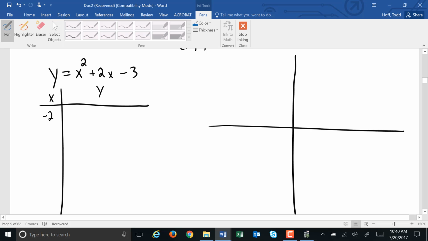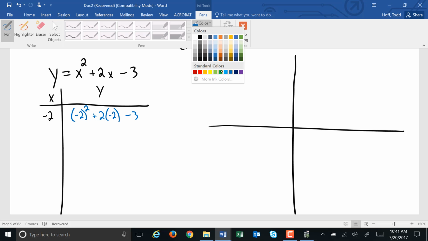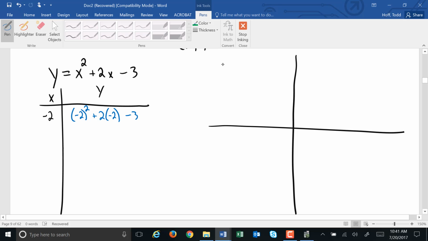If x is -2, then y equals x squared plus 2x minus 3. I put in -2 for x, so it's -2 squared plus 2 times -2 minus 3. Now be careful with your calculator. Remember, if you were to punch this all in your calculator, you have to do it like I have here with the parentheses.